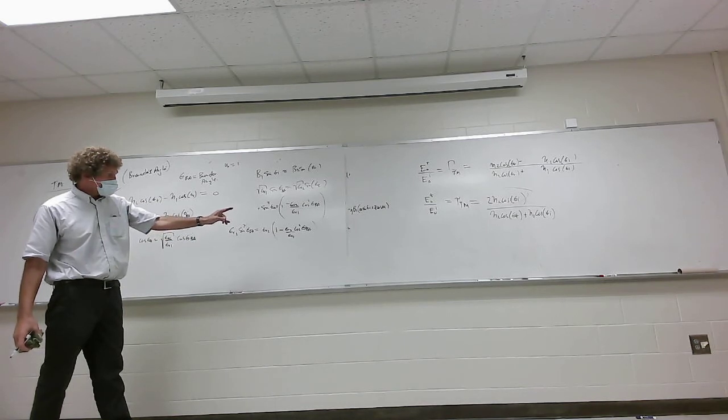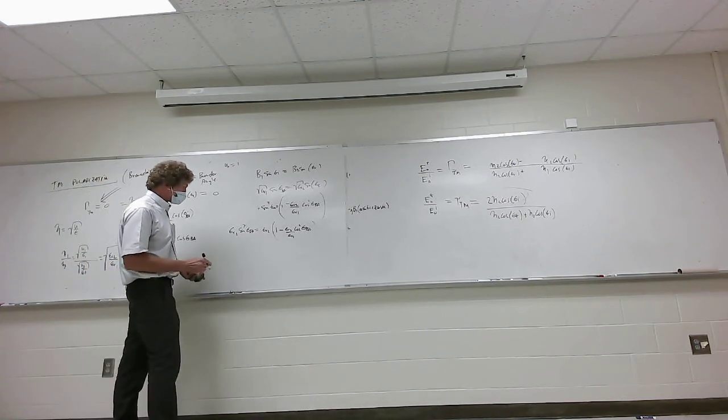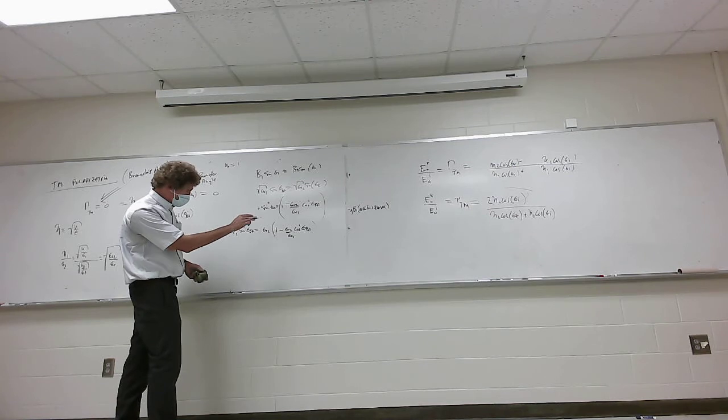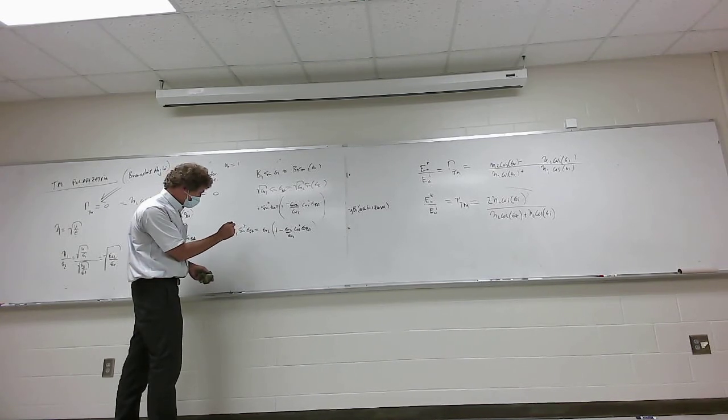Now I can manipulate. Oh boy, let's see here. I'm ultimately going to take that cosine to this side, and I could get a tan form, but I'm going to have a leftover part.